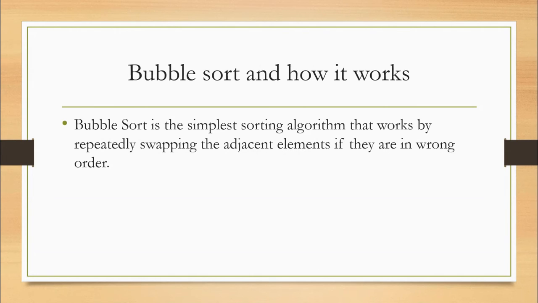Do this for each pair of adjacent elements, starting with the first two and ending with the last two. At this point, the last element should be the greatest. Repeat the steps for all elements except the last one. Finally, keep repeating with one fewer element each time until there are no more pairs to compare.